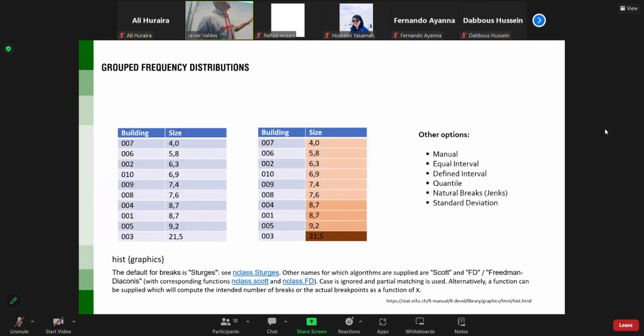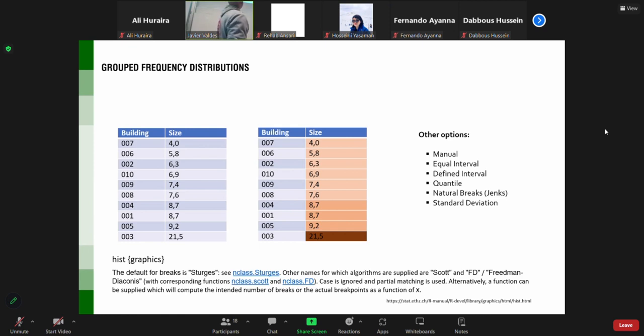Yes. Now let's apply the classes to the set of data. We have different buildings. The buildings have an ID number: 01, 02, 03, and so on. And we have a size, which is the variable that we are working with. The size might be the height, or cubic meters, or whatever.